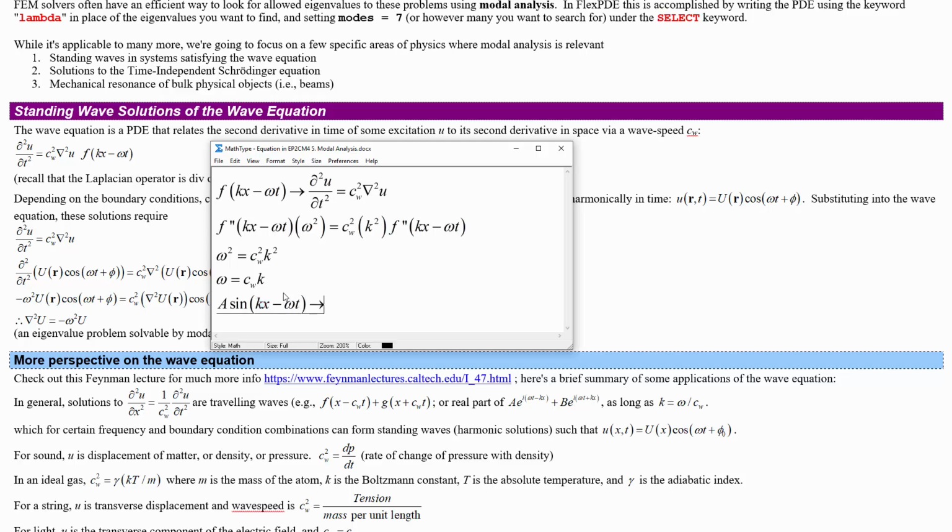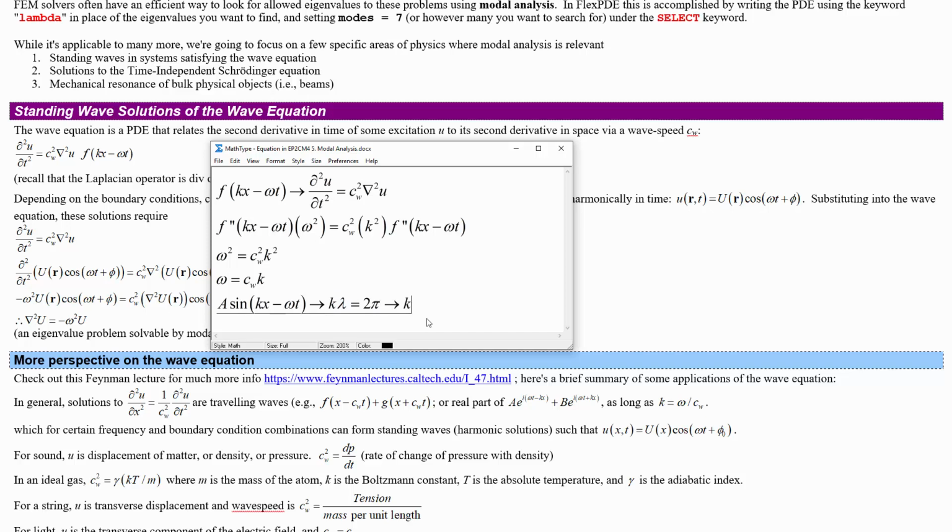This is going to repeat every time kx goes through 2 pi, which means that when we move x a certain distance, which is supposed to be lambda, kx has to go through 2 pi. And that specifies that k times lambda has to equal 2 pi for this to repeat with the wavelength lambda.